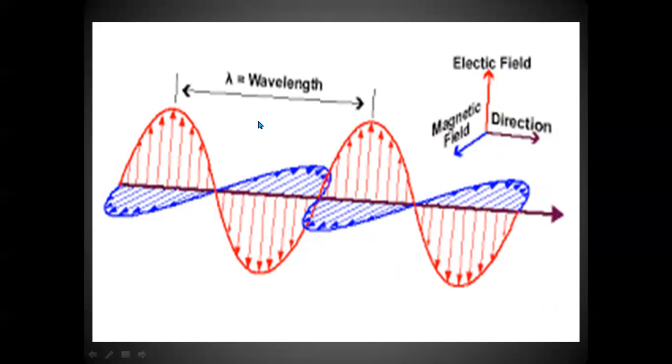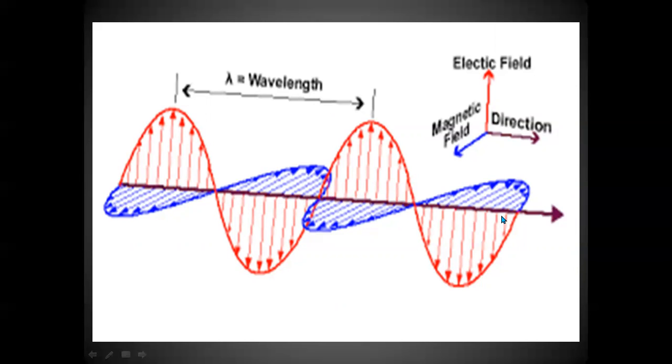Electromagnetic radiations. You know that energy has wave nature and particle nature. According to a few scientists, energy has wave nature, like Huygens, etc. And some say that it has particle nature, like Newton, etc. So if we consider it as a wave now, the direction in which it is propagating is given by this arrow, which is actually the x-axis.